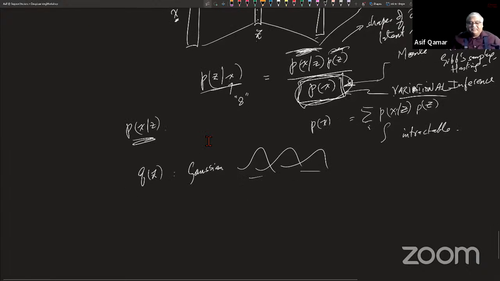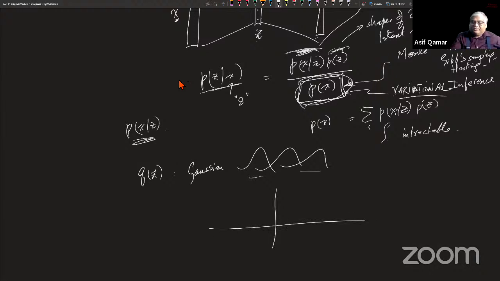So I'll put some bell curves centered around this location, and this location. So this will be my digit 8, this will be my digit 3, this will be my digit 2.